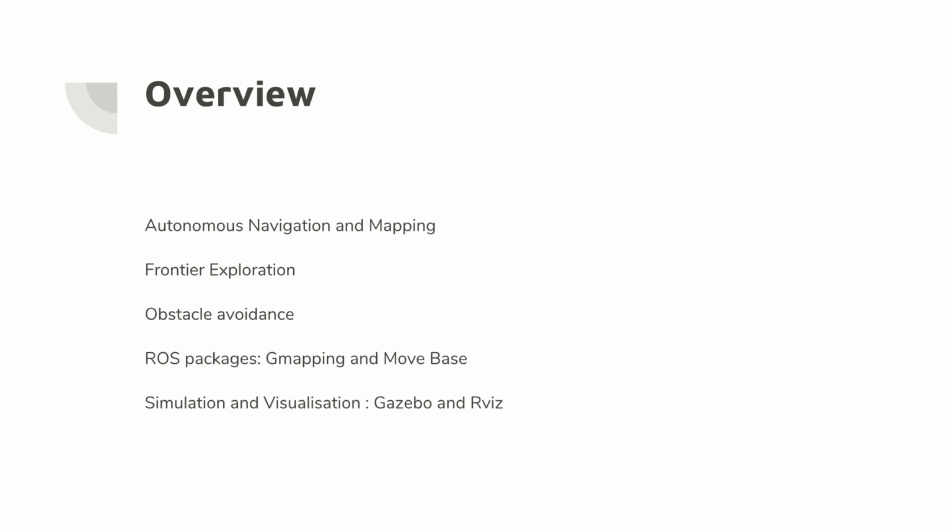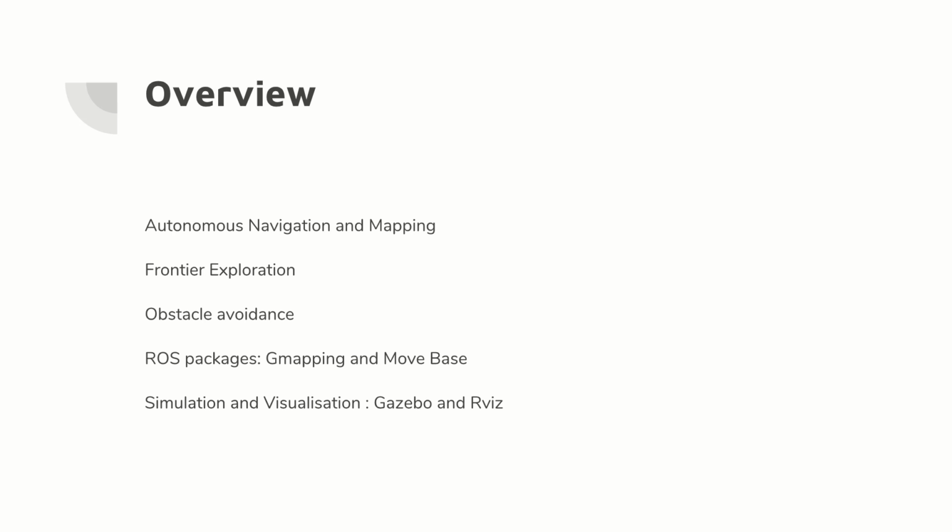It relies on two very important packages from the ROS open source community, which are Gmapping and MoveBase. Gmapping is a package that helps you build a map of the surroundings, and MoveBase is a package that helps you move a Turtlebot from your start position to a particular goal that you set.